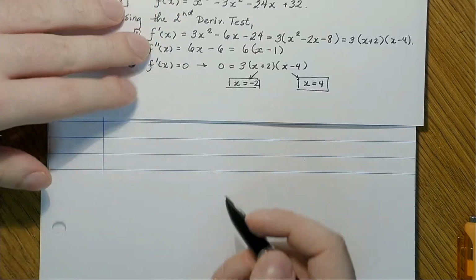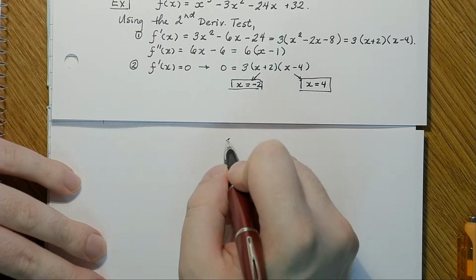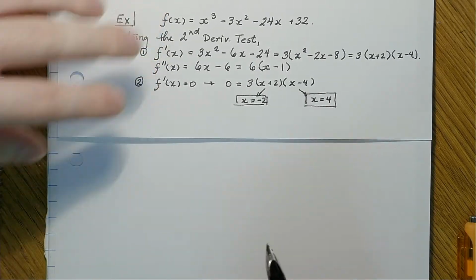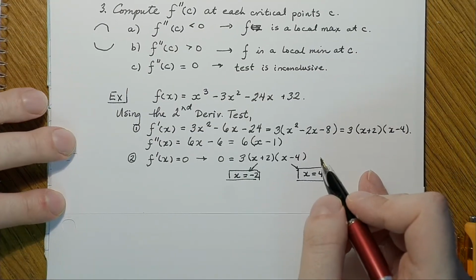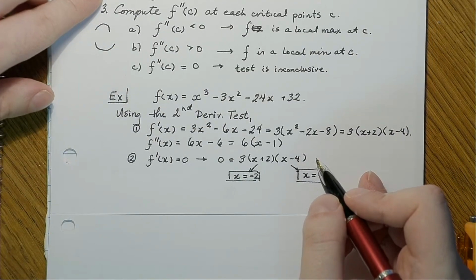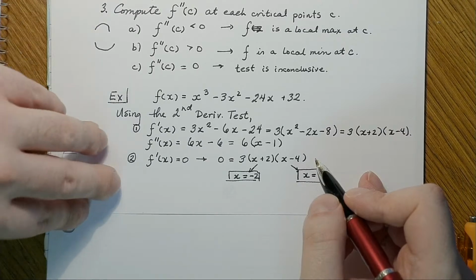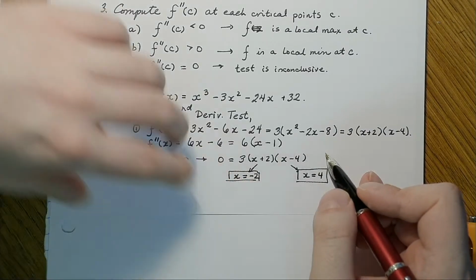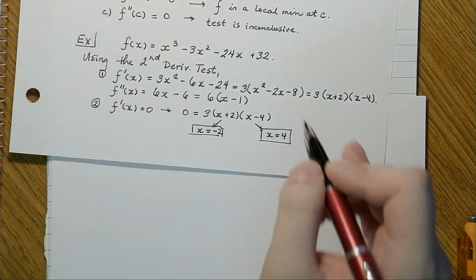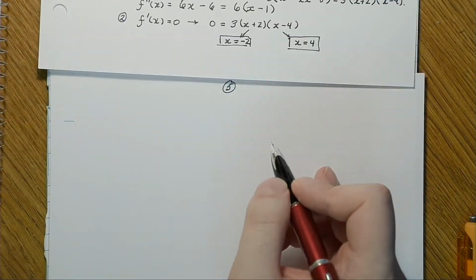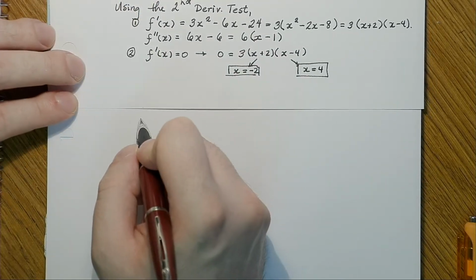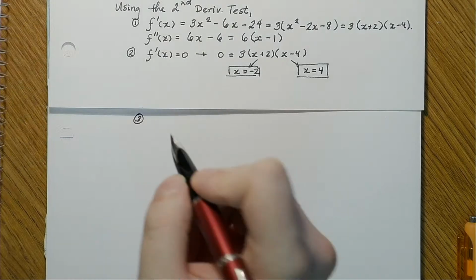I calculated where it's equal to 0, and then I calculate the second derivative at minus 2 and 4. So this is my step 3.